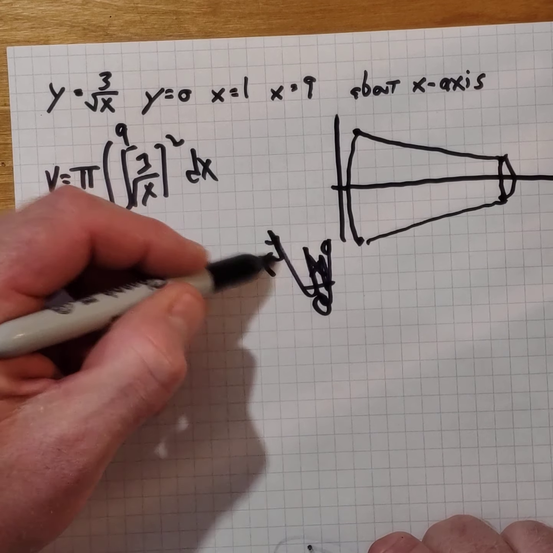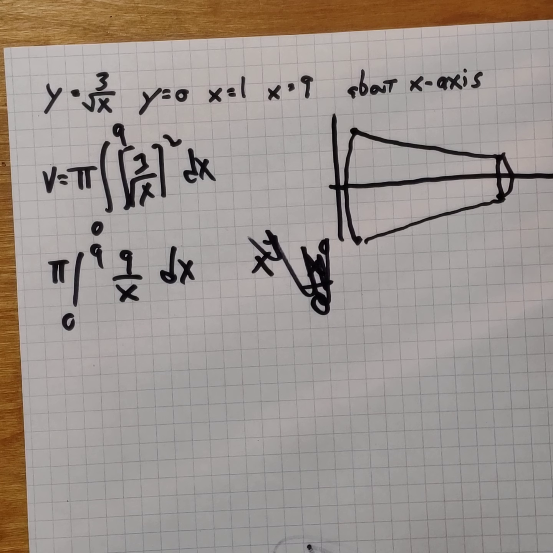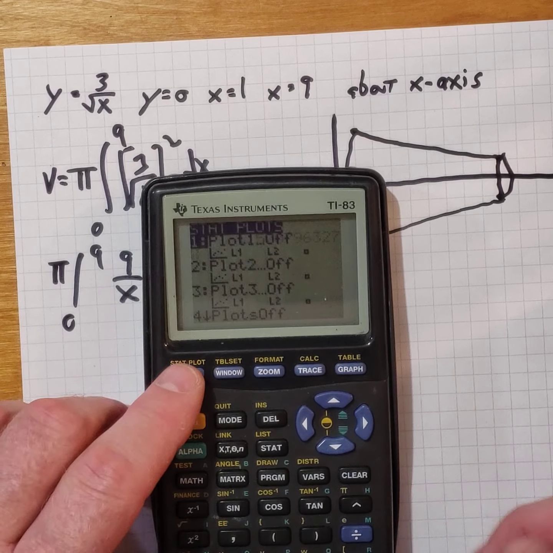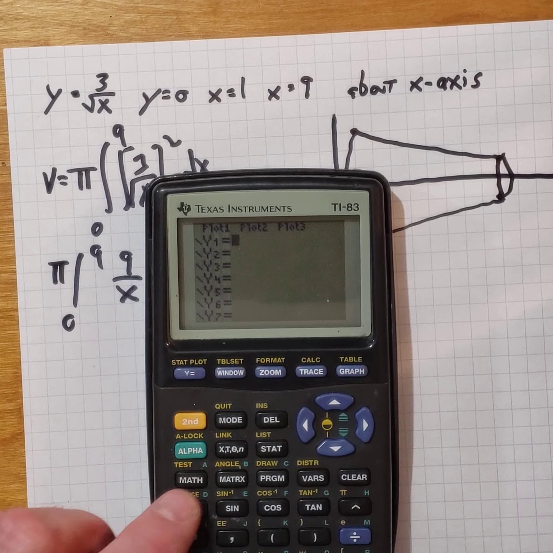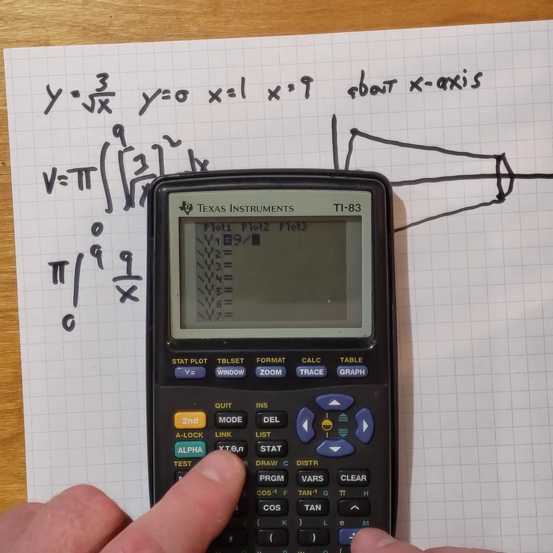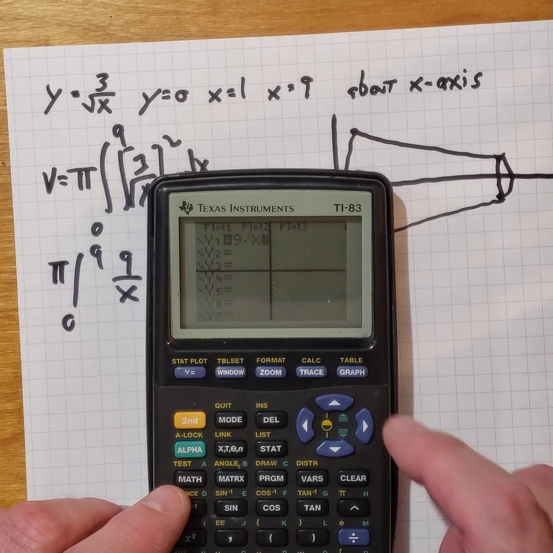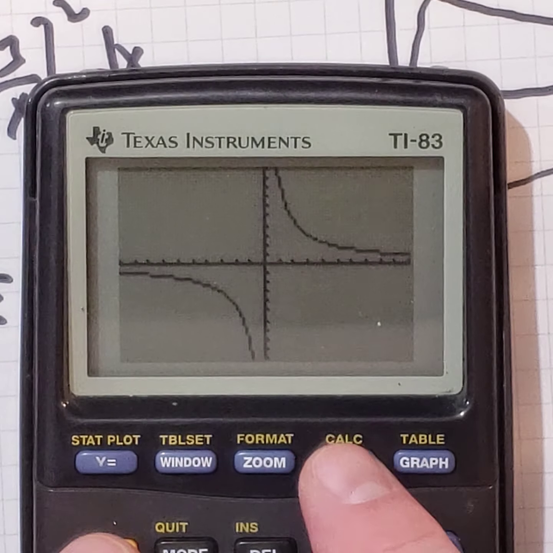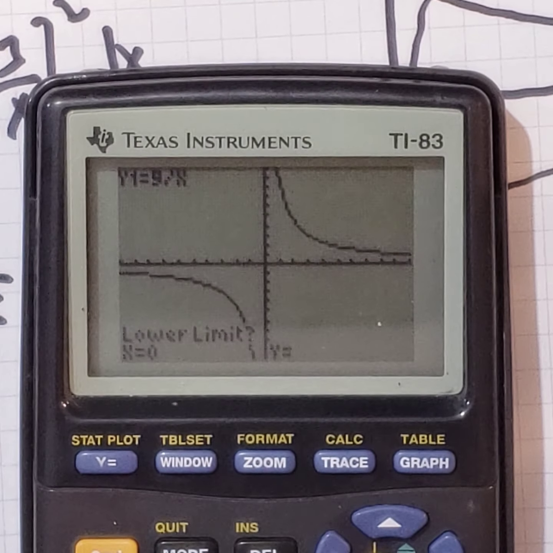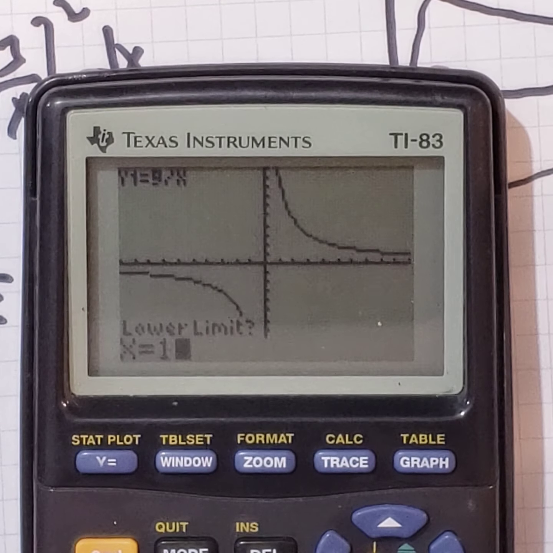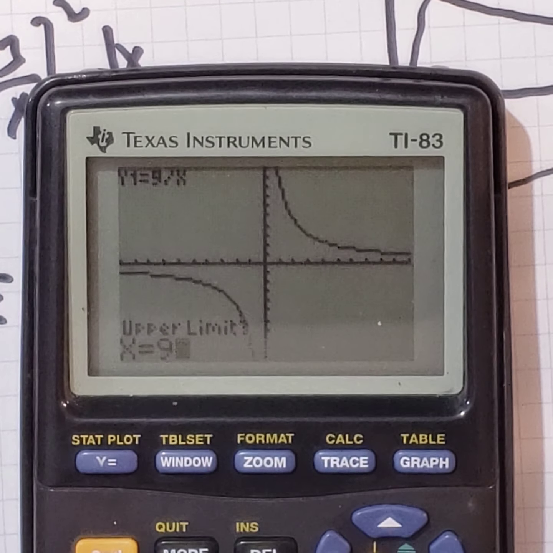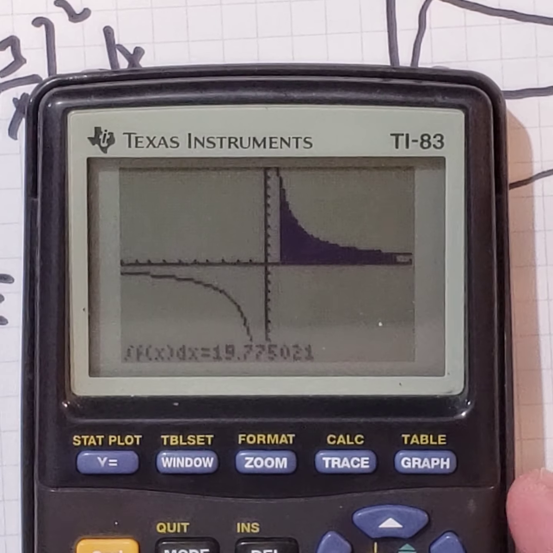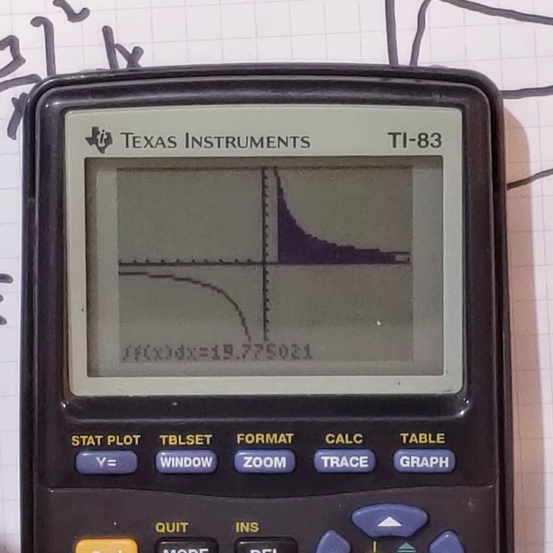That's not going to work. So this is going to be another one we just have to pop into the calculator. So we go to put 9 over x in there, go to the graph, and do second Calc 7 from 1 to 9. And it'll give us 19.775. Multiply that by pi and we've got it.